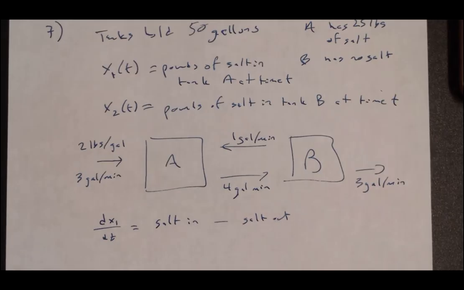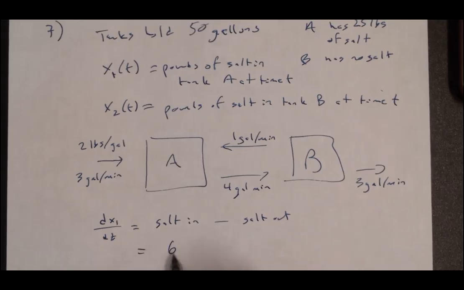So let's figure out how much salt is going in. How much salt is going in every minute? Because it's 2 pounds per gallon times 3 gallons per minute. That's pounds per minute, exactly like you said, Mia. So that's exactly the right number.